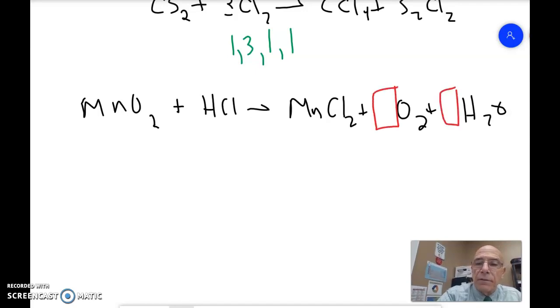Coefficients can go here. That's the only place we can change numbers.